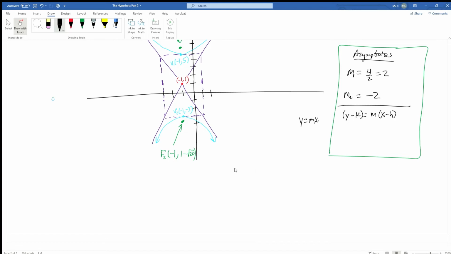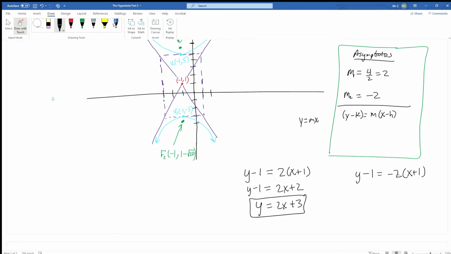So we're going to have, for our asymptotes, y minus 1 equals 2 times x plus 1. That's minus a negative 1. And then we'll have y minus 1 equals negative 2 times x plus 1. And then let's just simplify both of these. This is y minus 1 equals 2x plus 2. In other words, y equals 2x plus 3.